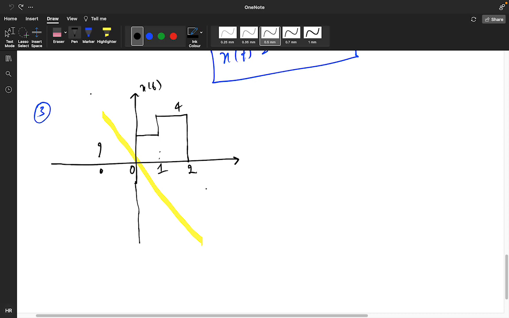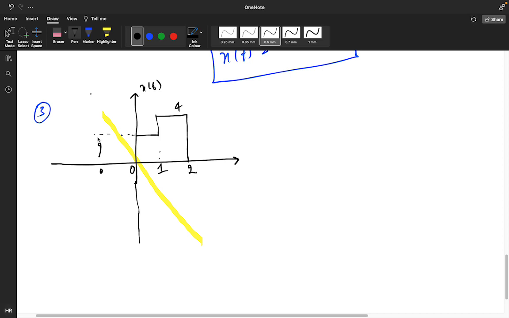Okay, so what you need to do, lots of methods are there. Draw the dotted line, the same figure, draw the dotted line here.